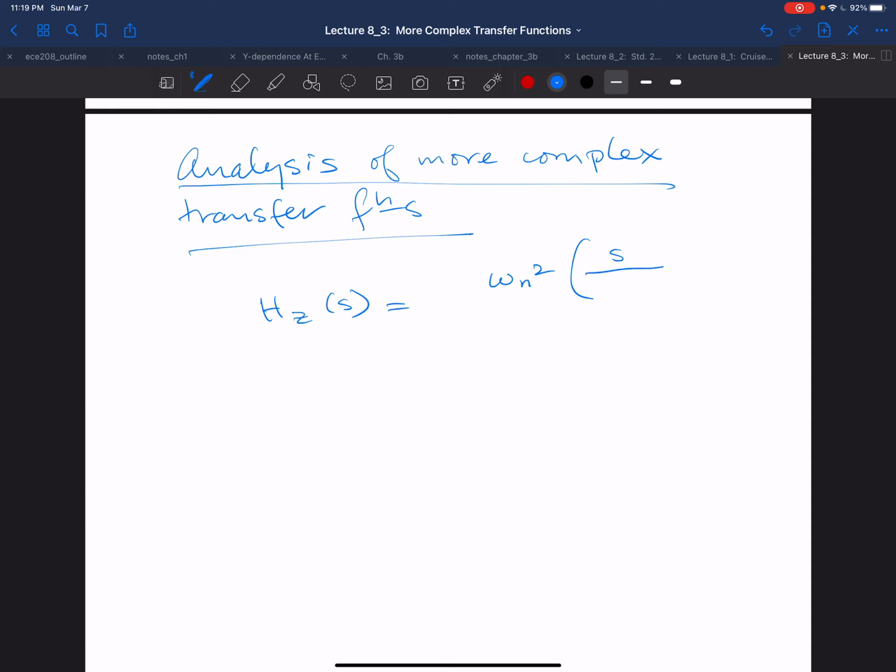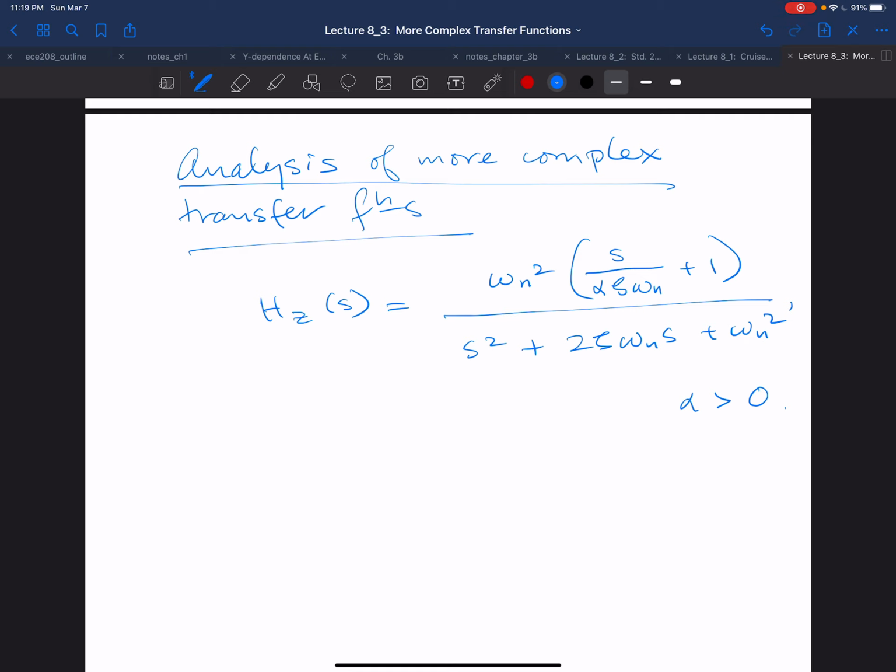We can write it of the form omega n squared times (s over alpha zeta omega n plus 1) over s squared plus 2 zeta omega n s plus omega n squared. And this is a case where alpha is greater than 0. We'll assume alpha is greater than 0.